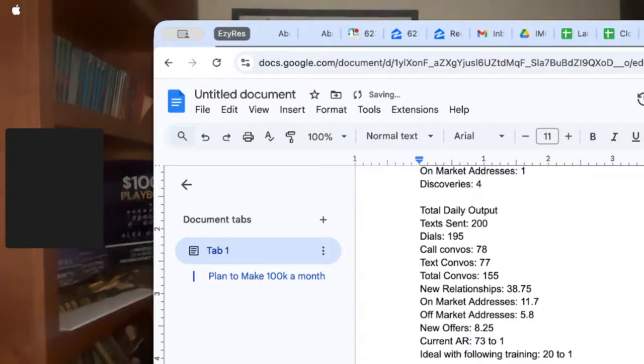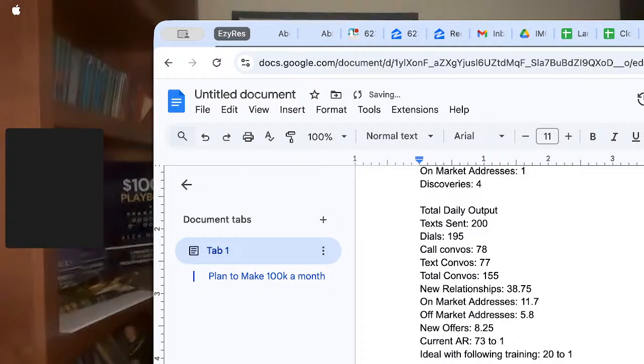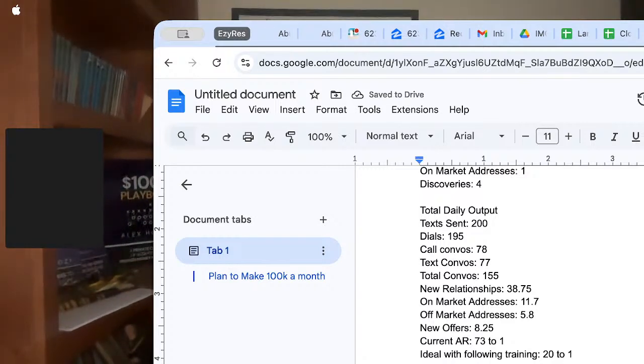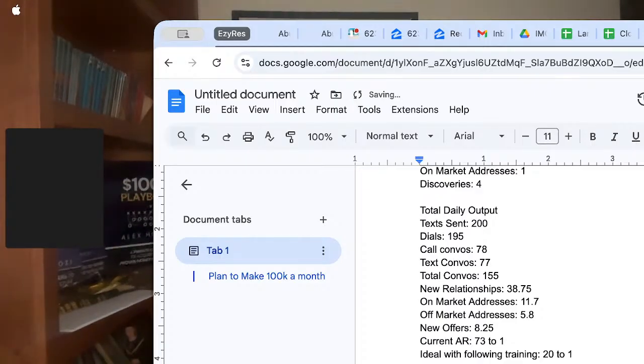Call combos 78 times 6, 468. Text combos of 2. Total plus 468 is 930.